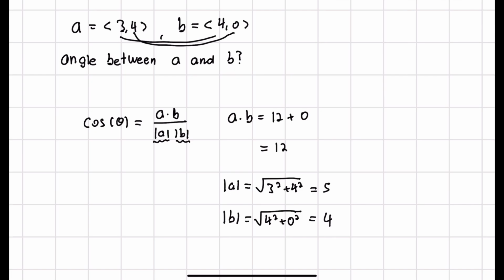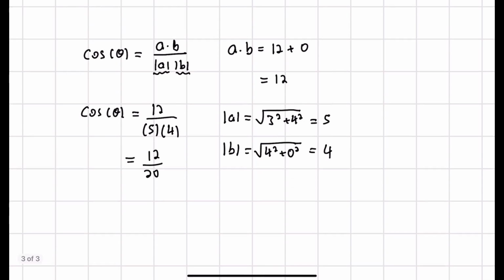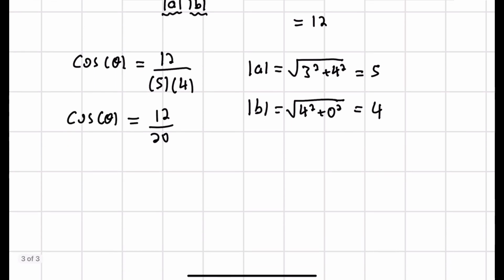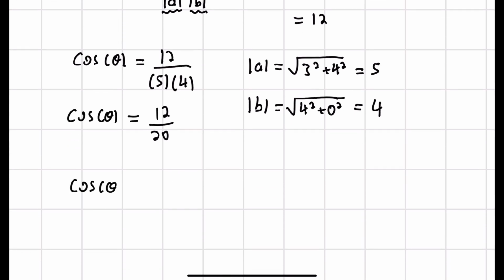And now we could plug it into our formula. So we have cosine theta, which is equal to the dot product. So the dot product is 12 over the magnitude of A, which is 5, times the magnitude of B, which is 4. And this gives us 12 over 20. So 12 over 20 simplifies to 3 over 5.